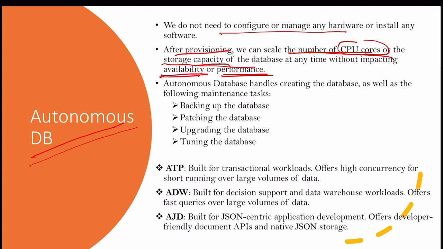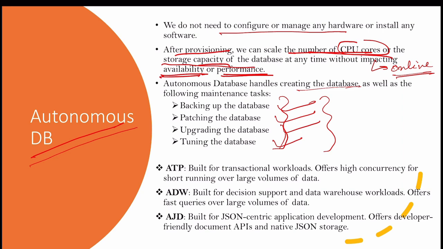This is known as online resizing, and it is available for this service. Autonomous DB handles creating the database as well as the following maintenance tasks. Autonomous administrative features are also available, like backing up the database, patching the database, upgrading the database and tuning the database. That means no administration is required for autonomous DB.